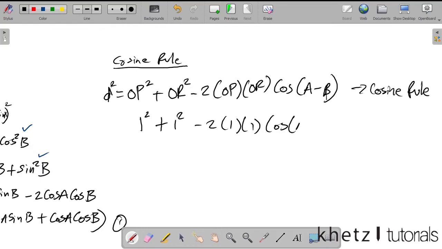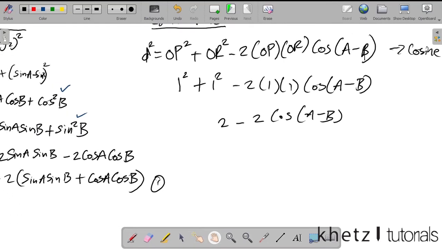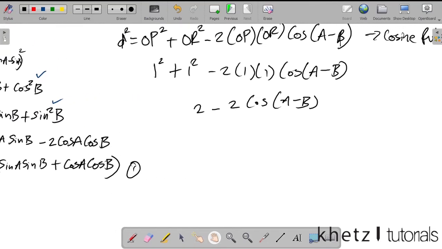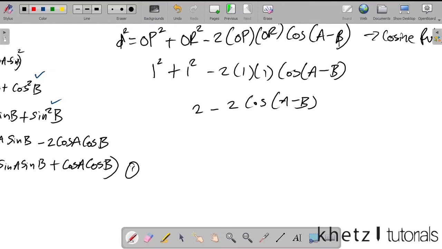Then here we have cosine of A subtract B. After doing the math, we just have to subtract 2 cosine of A subtract B. So d squared is equal to the first formula and this second formula over here.